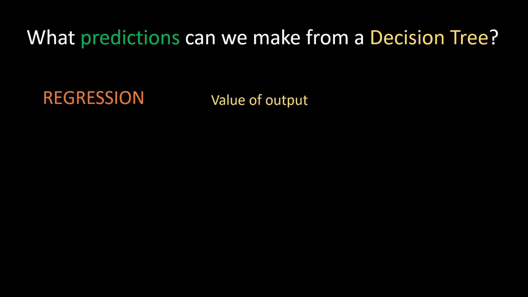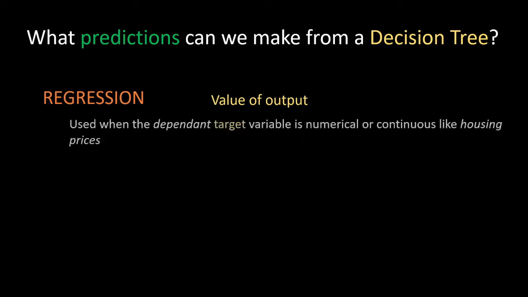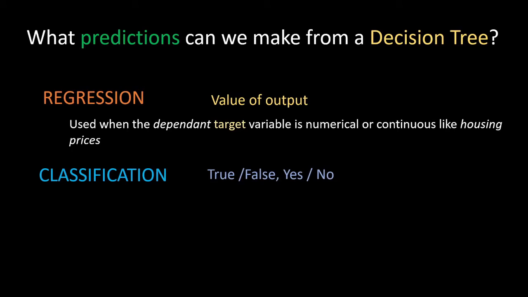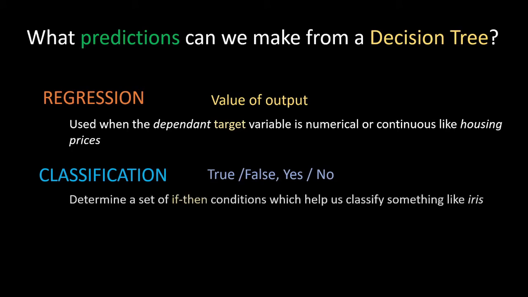We can do regression, and that gives us a value of an output. It's used when the dependent target variable is numerical or continuous, like housing prices. The other one is classification. So true, false, yes or no. And we determine a set of if-then conditions which help us classify something like the iris database.